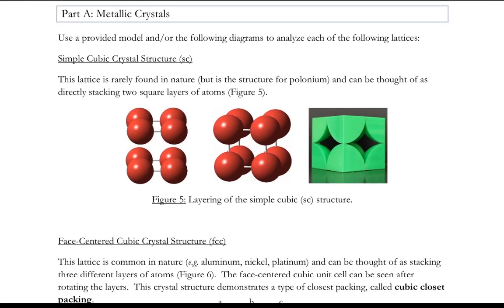We see there are 8 corner atoms, and 1/8 of a corner atom is in the cell, so we have 8 times an eighth, or the equivalent of 1 atom per unit cell. Also, we see that the length of a unit cell in terms of R is 2R. So for simple cubic, the length is 2R.